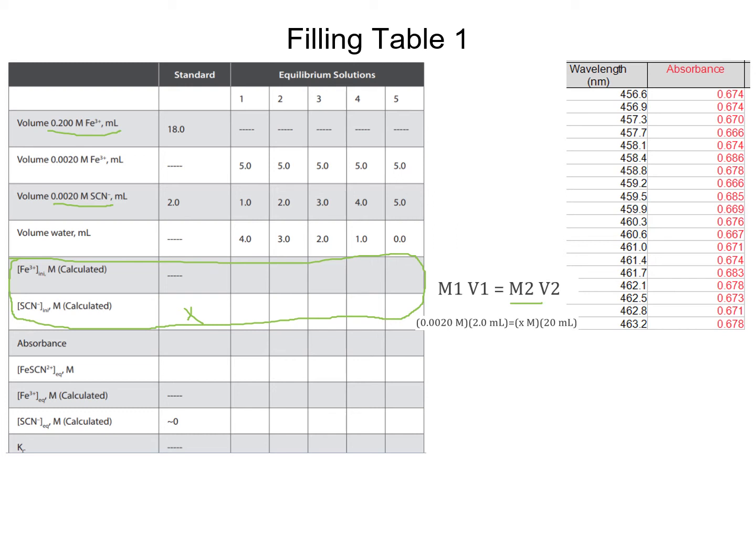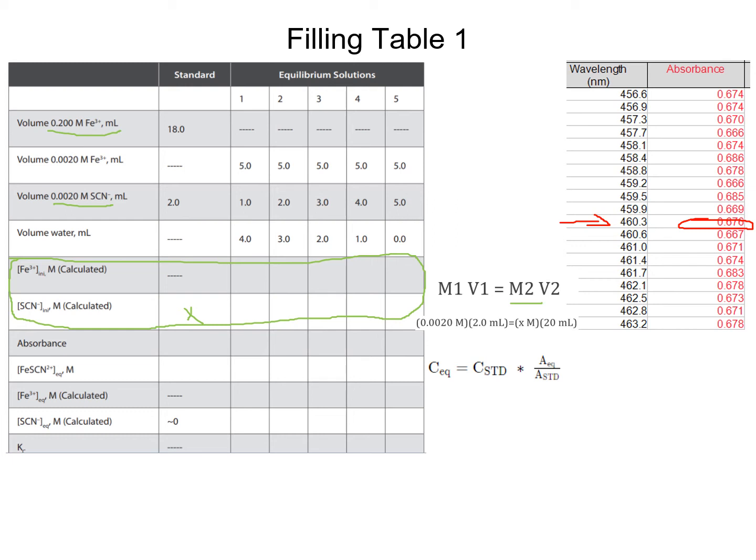Just make sure you're scrolling down all the way to the 460 nanometer wavelength, and this is the value. So for the standard, this will be the value that goes here, and these files are labeled so that you have solutions 1 through 5, and just make sure you're copying the right value of your absorbance into this column here. Alright, so that's done.